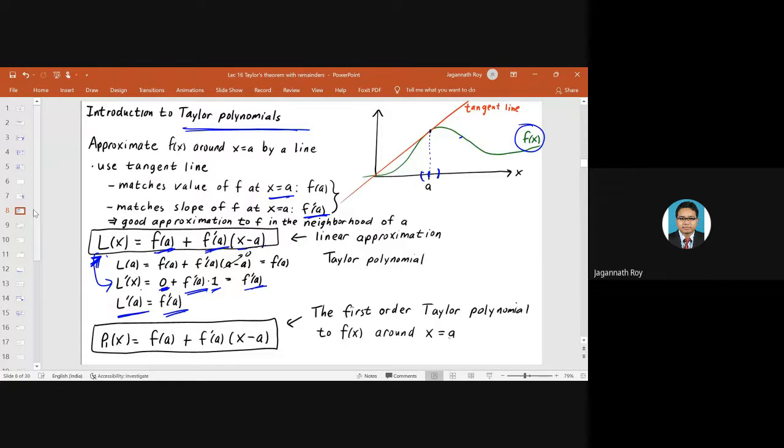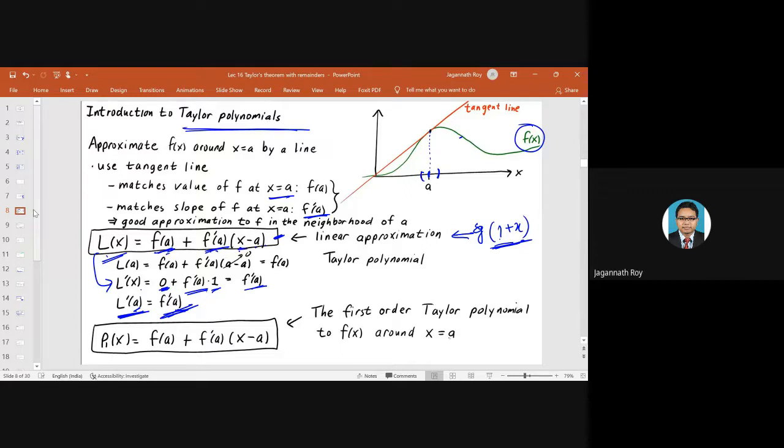So this means that the slope of the linear polynomial, where the degree of x is 1, so this is a linear polynomial. For example, it has some expression like 1 plus x: 1 is f of a, f dash of a equals 1, and a equals 0. Okay, so a linear polynomial of type 1 plus x. So if you see, the slope of the linear polynomial and the slope of the curve at the point a are actually matching.